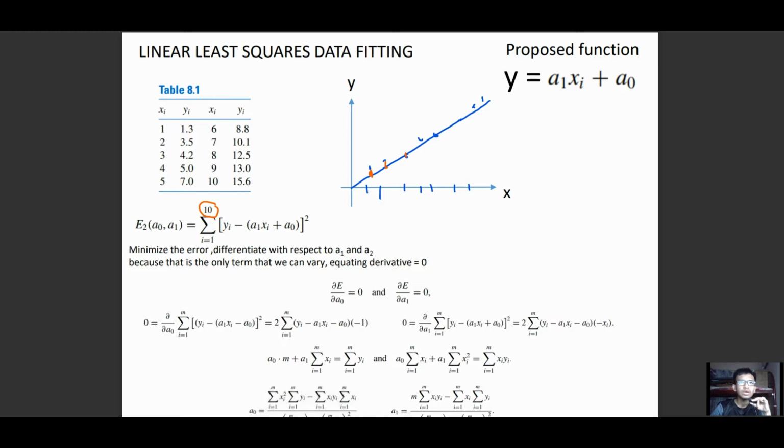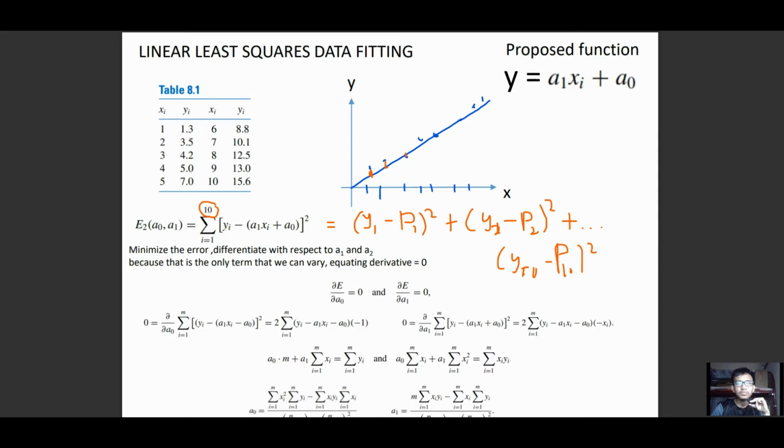If you are not familiar with this sum notation, you can also write it like this: y1 minus p1, which is from the polynomial, and then you square, then you plus y1 minus p2, then you square, then you do this until y10 minus p10 squared.